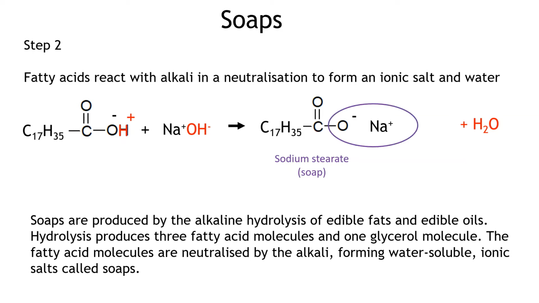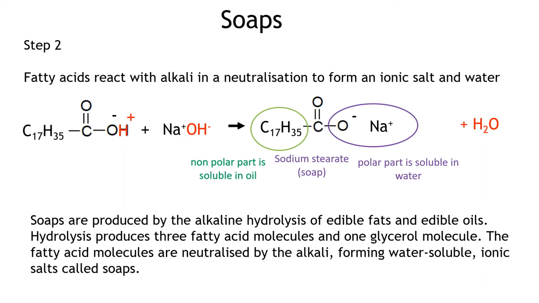And the thing to note about the soap is that we have a charged or polar head. This part will be soluble in water, because remember, like dissolves like, polar dissolves in polar. We also have a big long hydrocarbon group, which is our non-polar part of the molecule, and this part will be soluble in oil.